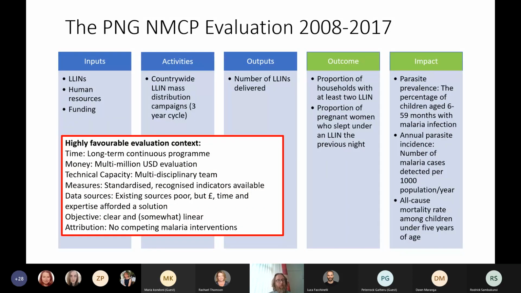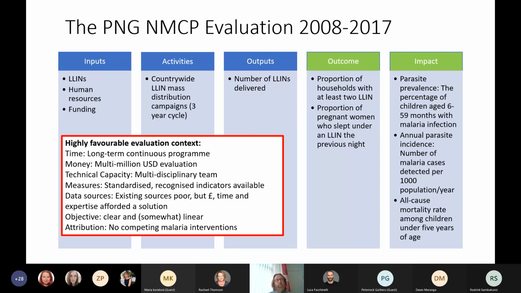Whilst in the malaria world we're very privileged to have a large bank of standardized outcome and impact indicators, that is not true in all health research contexts. In fact, it's not true in most of them, I would suggest. So where you don't have standardized indicators available, it can complicate this process somewhat.